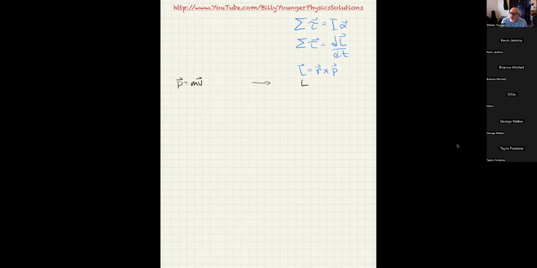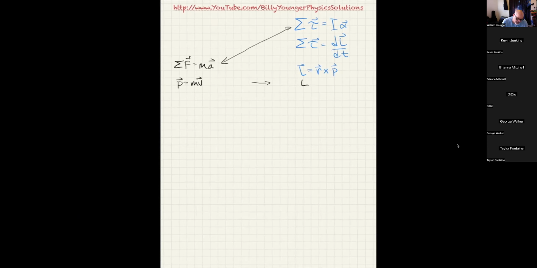I'm thinking of L now giving me a magnitude. Momentum in linear motion was basically mass times velocity. We also noticed that the summation of the forces is equal to mass times acceleration. That and this are equivalent, right?